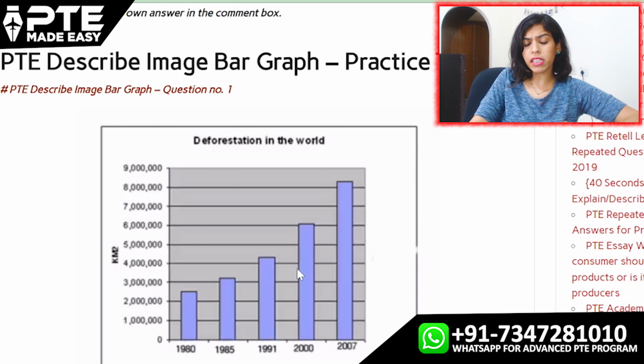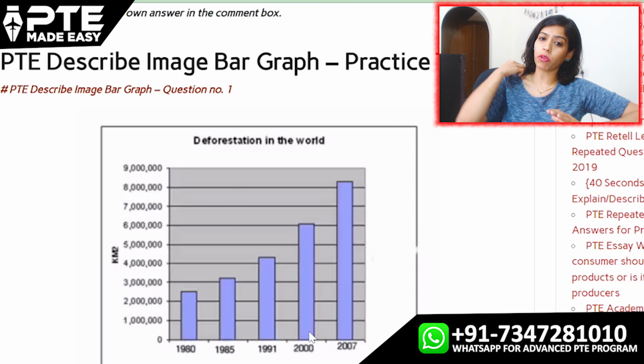And in between, we can simply say from 1985 to 2000, the graph kept on increasing. The rate at which deforestation was taking place, or the rate at which trees were being cut down, was increasing drastically, and that too from 3.2 million to 6 million in 2000. So we have to explain only the important information.